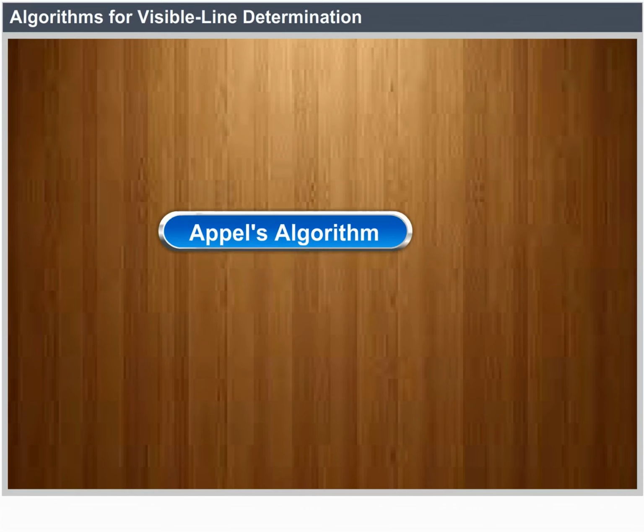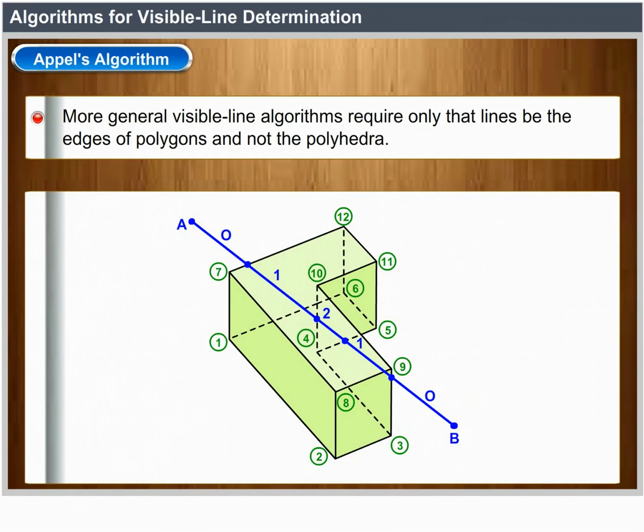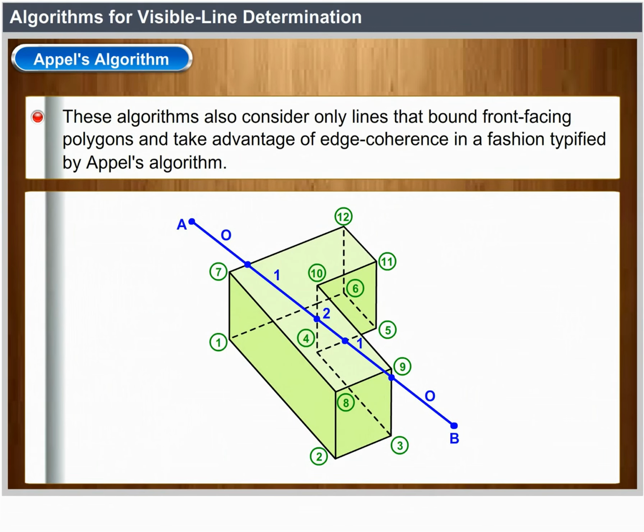Appel's algorithm. More general visible line algorithms require only that lines be the edges of polygons, not polyhedra. These algorithms also consider only lines that bound front-facing polygons and take advantage of edge coherence in a fashion typified by Appel's algorithm.